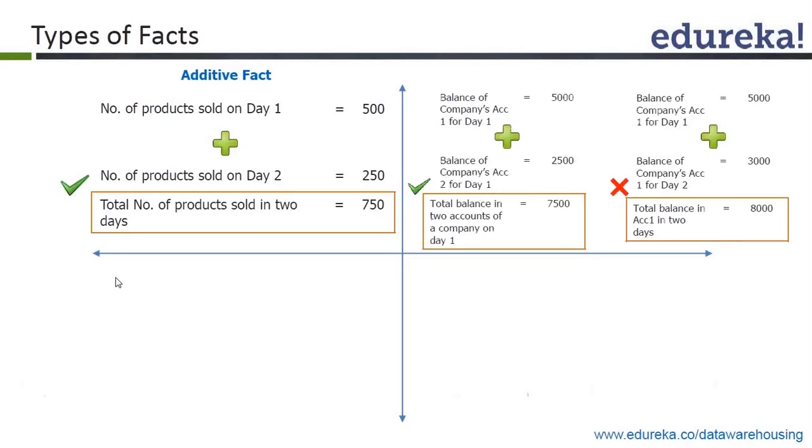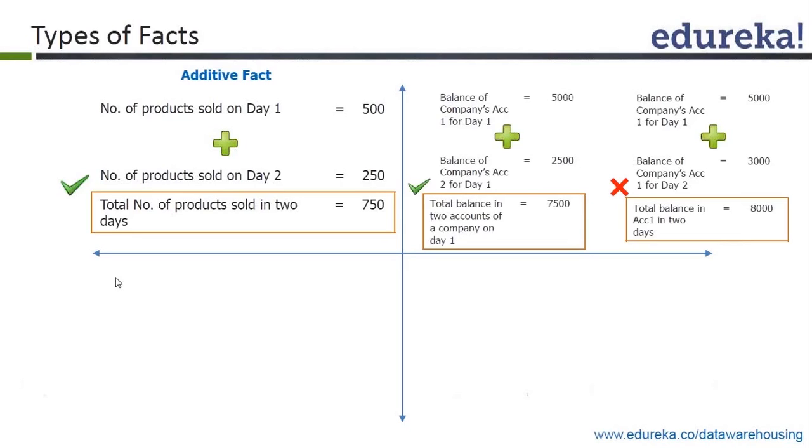The amounts in 2 different accounts for the same company can be added together, or for different companies also. You can say how much balance all the companies together have on that particular day. You can add the balances together on the same day to get the total balance.